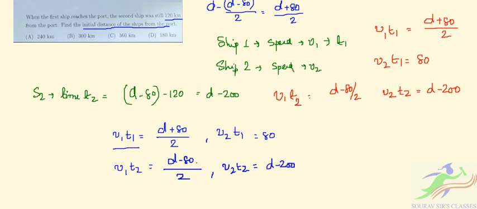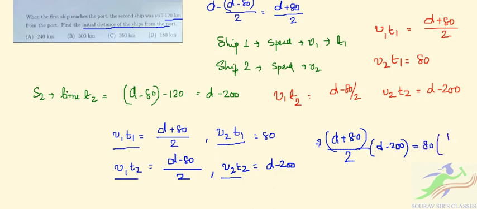If we multiply v1 t1 with v2 t2, and v1 t2 with v2 t1, we omit all the v1, v2, t1 and t2 terms, and we are left with (D plus 80) by 2 multiplied by (D minus 200) equal to 80 times (D minus 80) by 2.